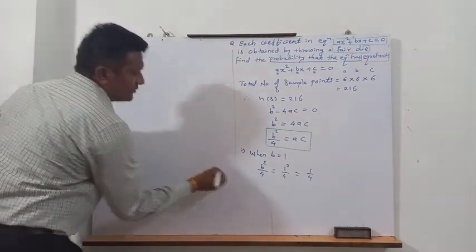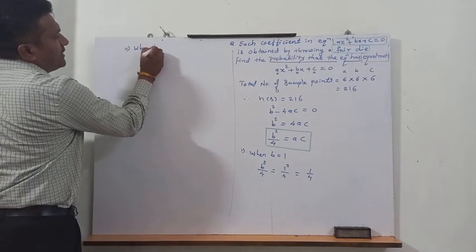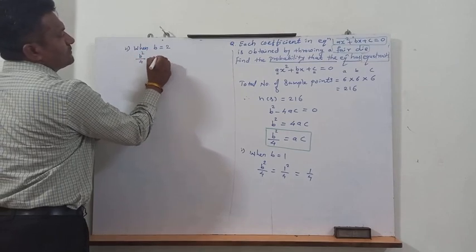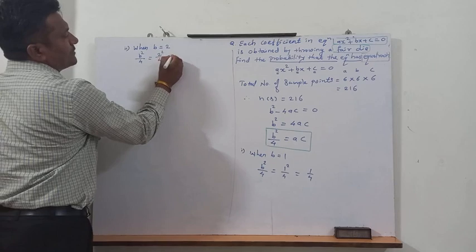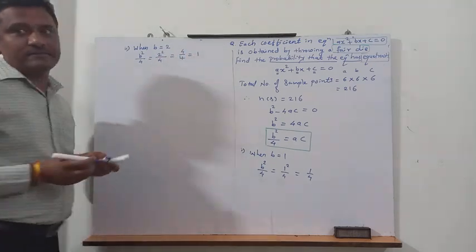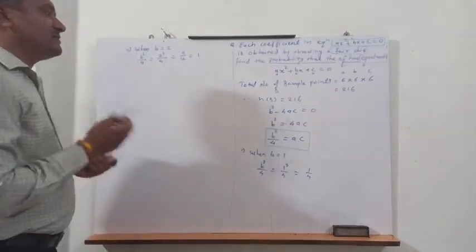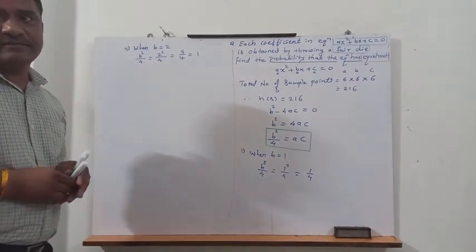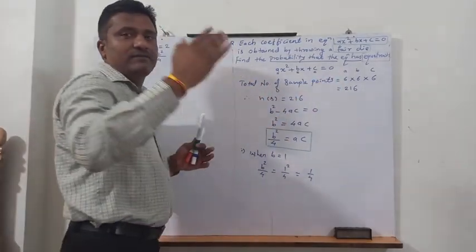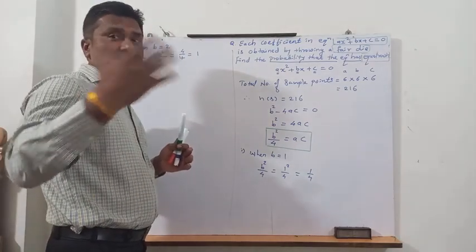Then the second option you have to think here. Second, when b equals 2. So what is b square by 4? It equals 2 square by 4, that is 4 by 4 equals 1. Now how many such possibilities are there where A and C have product equal to 1? Because as we know, the value of A equals 1, 2, 3, 4, 5, 6, B also equals 1, 2, 3, 4, 5, 6, C also equals 1, 2, 3, 4, 5, 6.